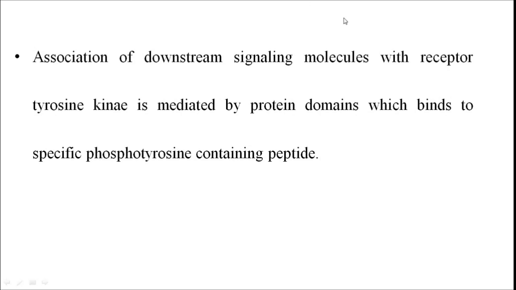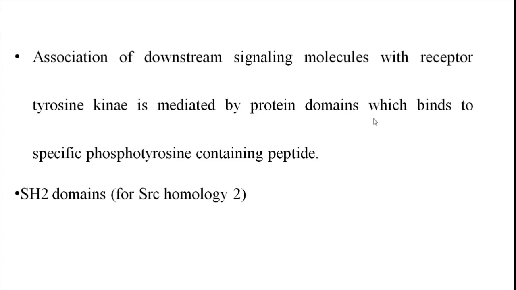So these downstream signaling molecules which are associated with the receptor protein tyrosine kinase are mainly mediated by protein domains. These protein domains bind to specific phosphotyrosine-containing peptides. For these docking sites, two domains play an important role.